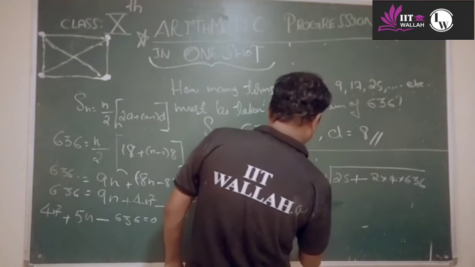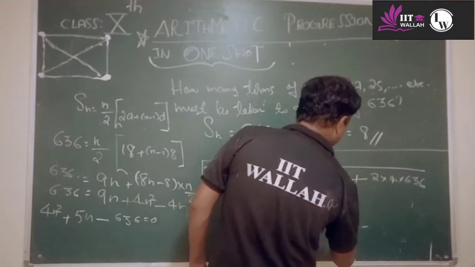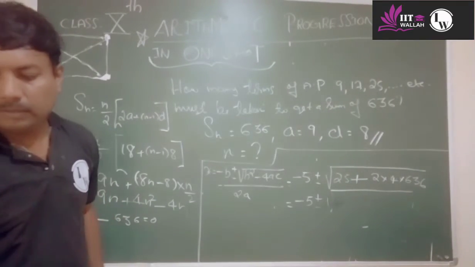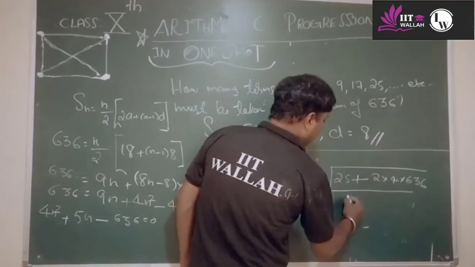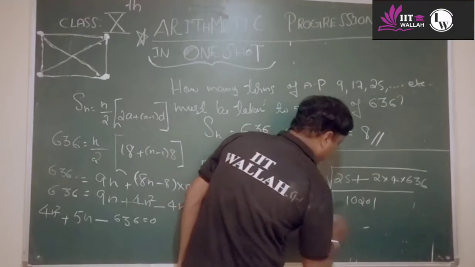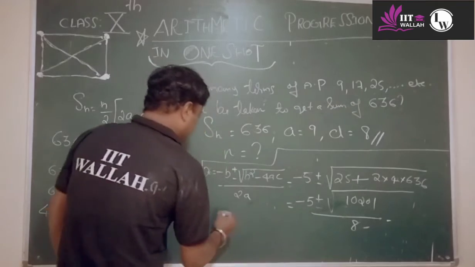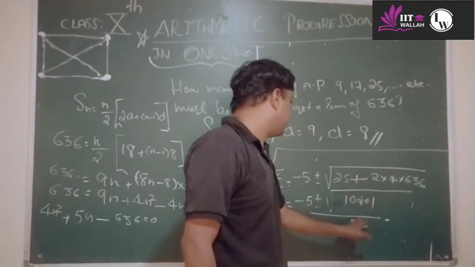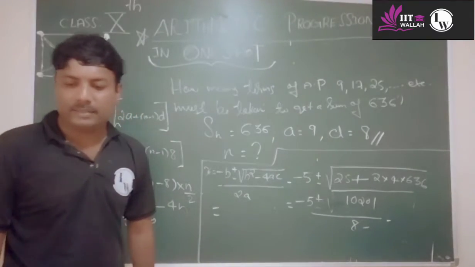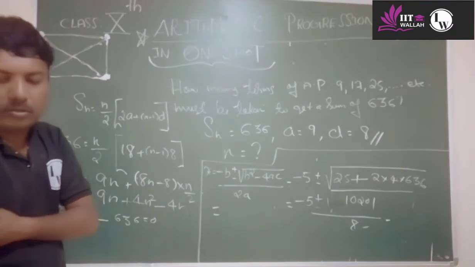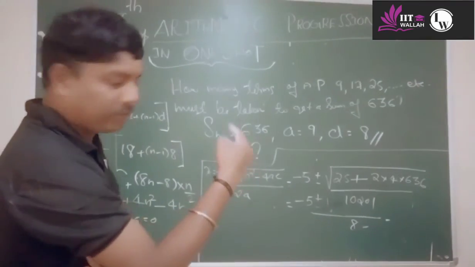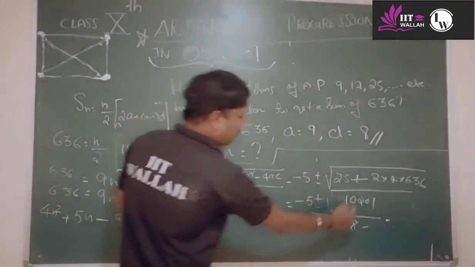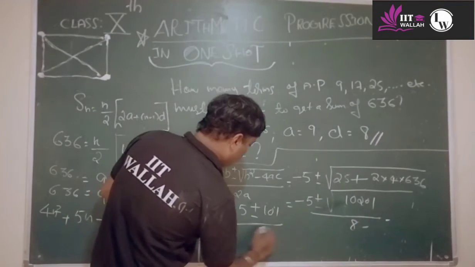So it is minus 5 plus or minus the square root of 10201, all over 8. You have to multiply first, then add, and you get this. And the square root of 10201 is nothing but 101. So minus 5 plus or minus 101 upon 8.